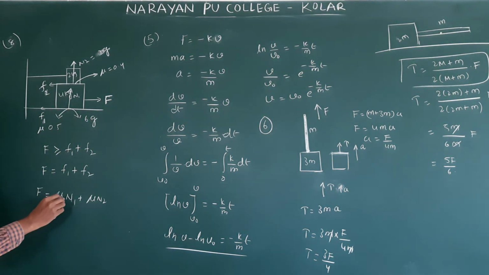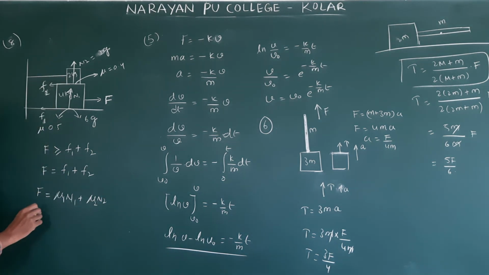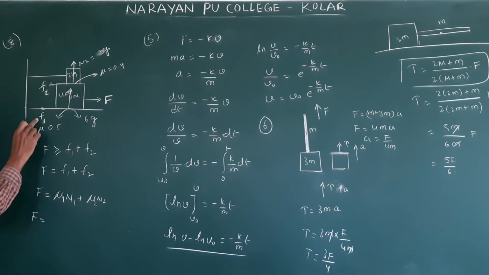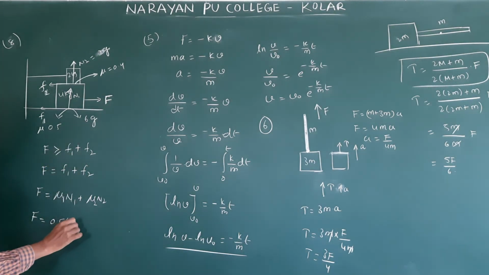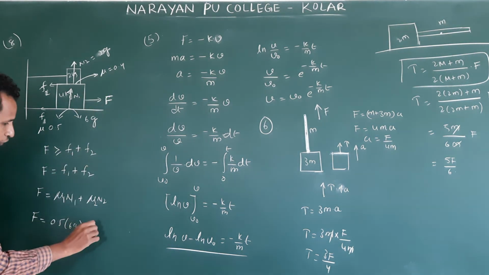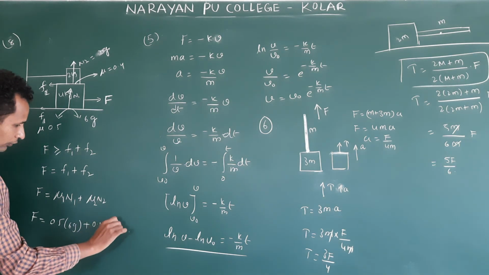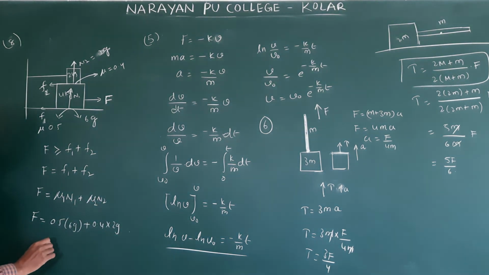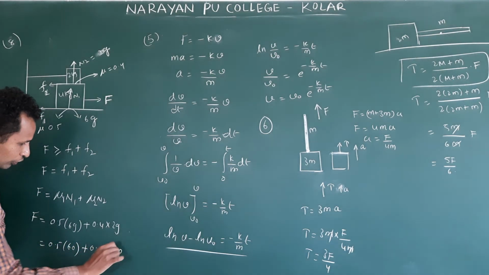Take mu1 and mu2 separately because the coefficients of friction are different. So F is equal to mu1, the first one 0.5, into N1, 6g, plus mu2, 0.4, into N2, 2g. So this is 0.5 into 60, with g as 10, plus 0.4 into 20.